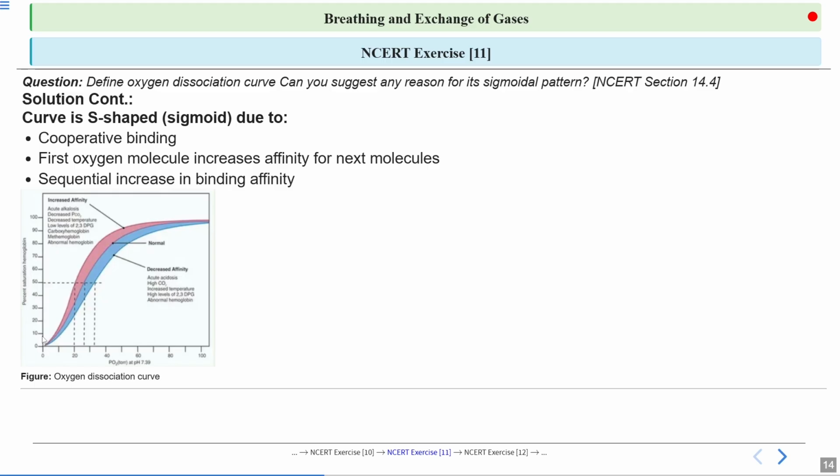Here, when you are reaching this point it is very slow, but at this pace it is very, very fast, because the affinity increases from first to second, second to third, third to fourth molecule. That is why it attains a sigmoid curve. The question asked why it takes the sigmoid curve, and this is one of the reasons.